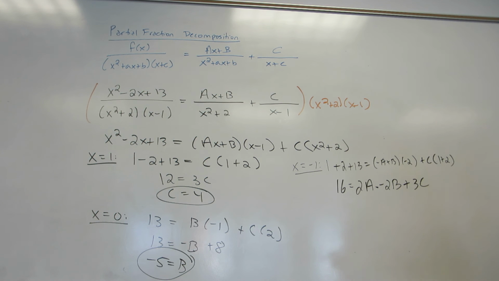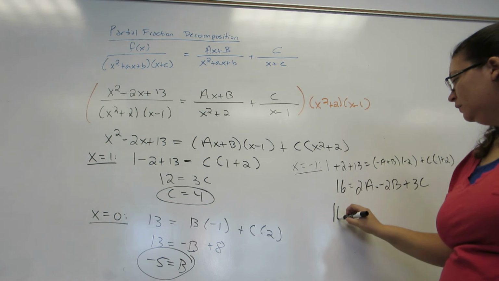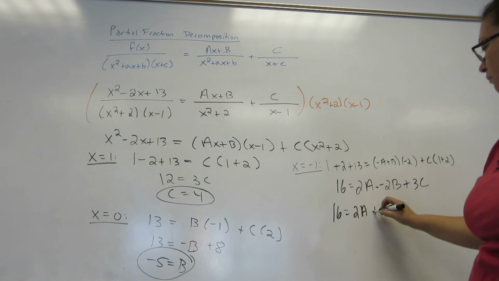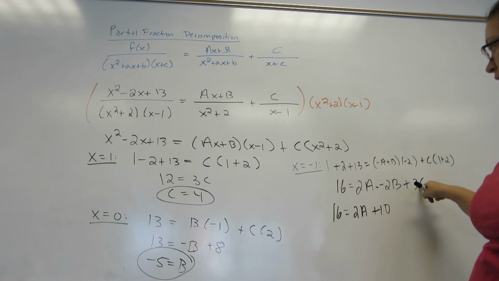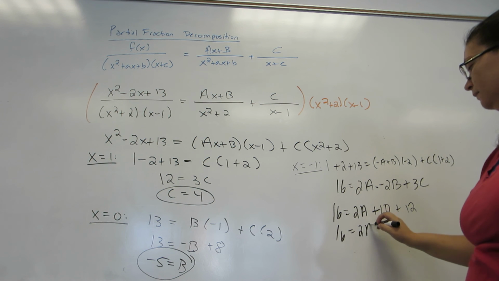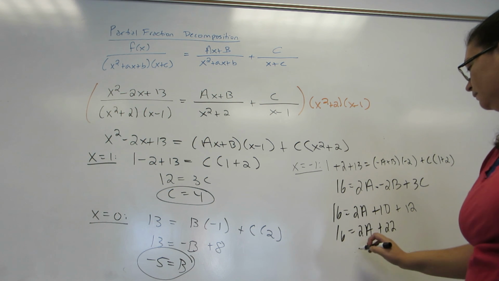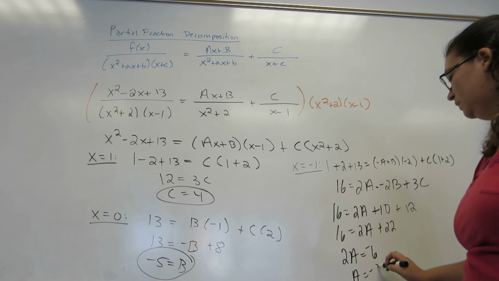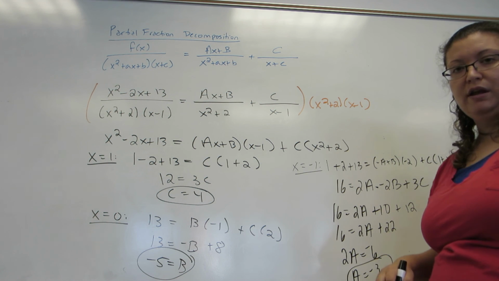Now let's plug in what we know C and B to be. 16 equals 2A plus 10 plus 12. This tells me that A is negative 3.